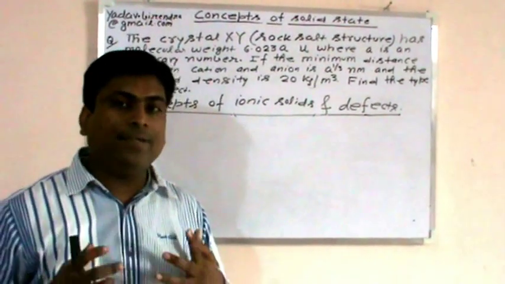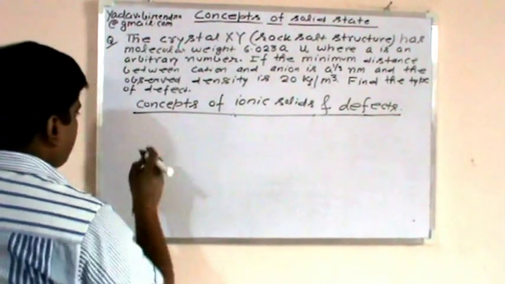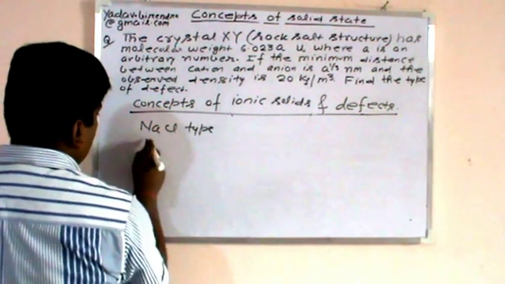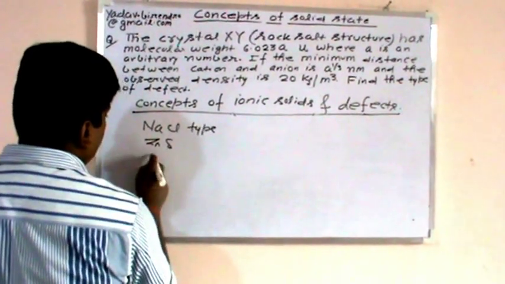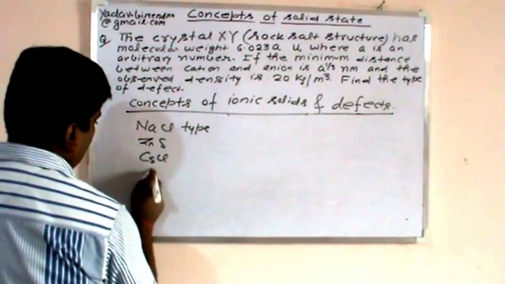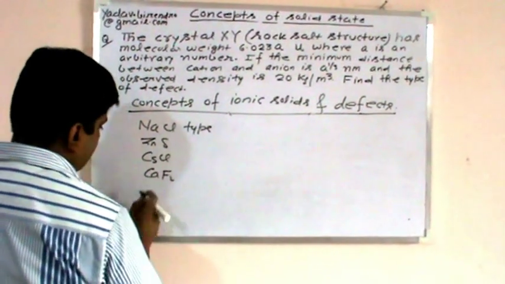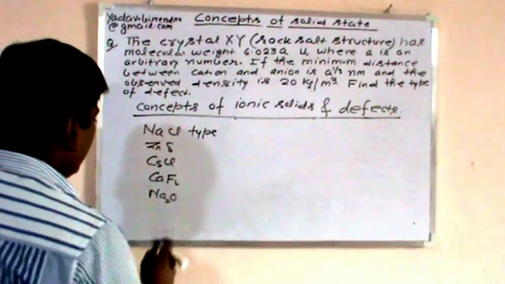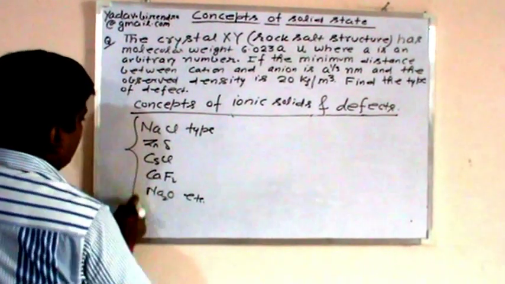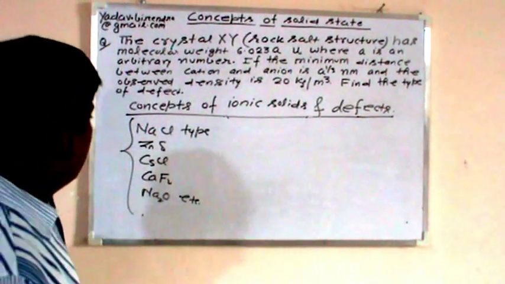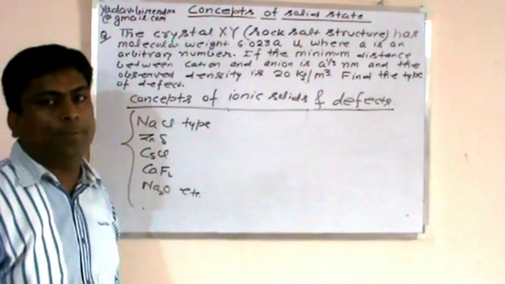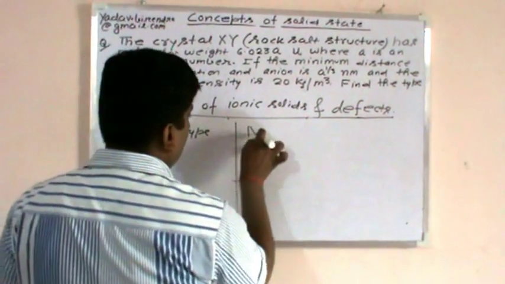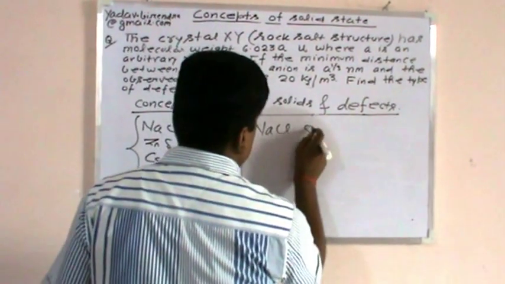Different ionic solids that we need to study are NaCl type structure, ZnS type structure, CsCl type structure, CaF2 fluorite structure, Na2O antifluorite, etc. Here I am going to discuss NaCl type structure. Basically we need to know features of these structures.